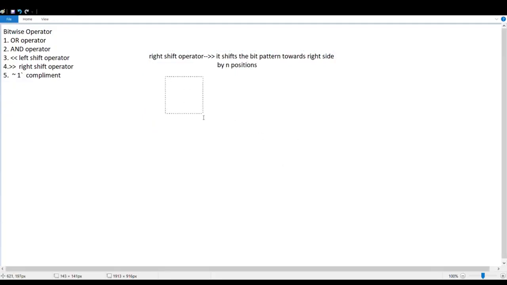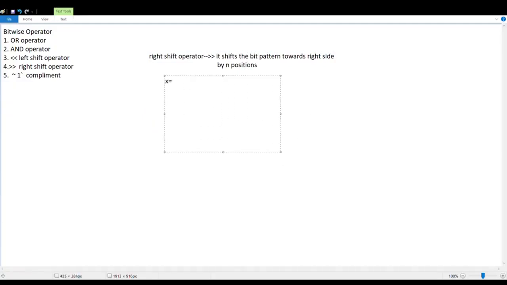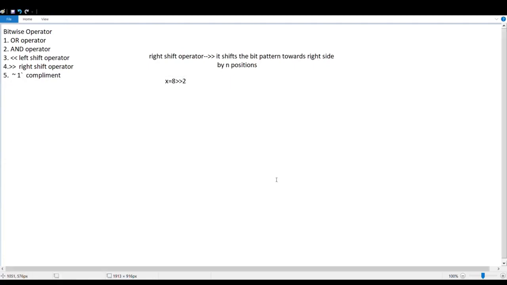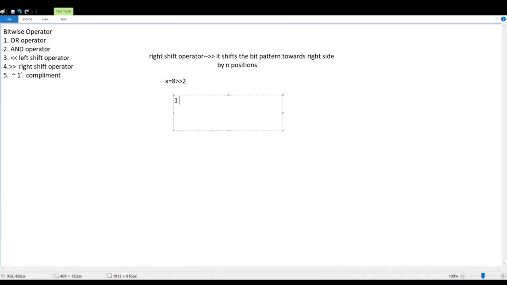Yes, let's take one example. X is equal to 8 right shift 2. So how do we represent it in the binary system? As 1 0 0 0, and we shift it towards the right-hand side by 2 positions. So from this, the 1 will come here.